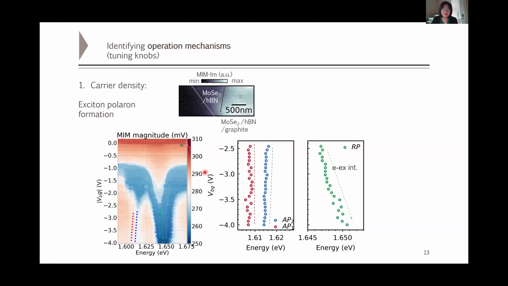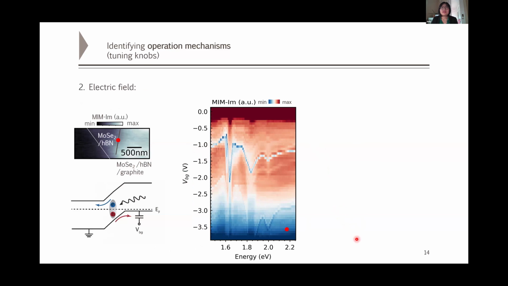So this is the measurement with different doping, and different doping changes the electron density. When the carrier density changes, because of the exciton and electron interaction, the binding energy extracted from the local measurement also changes.